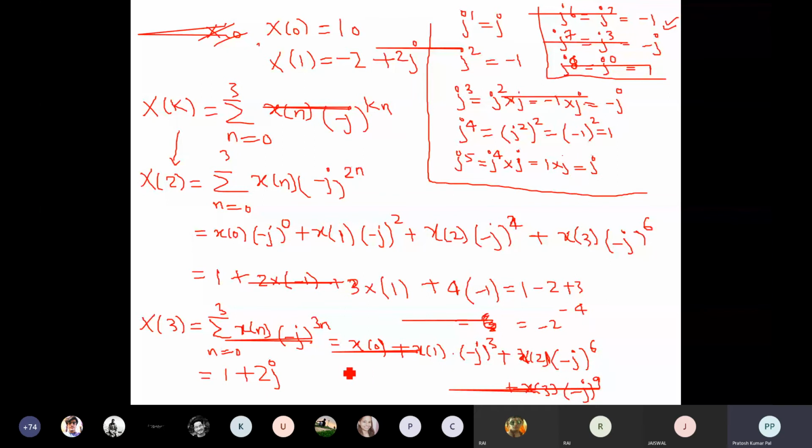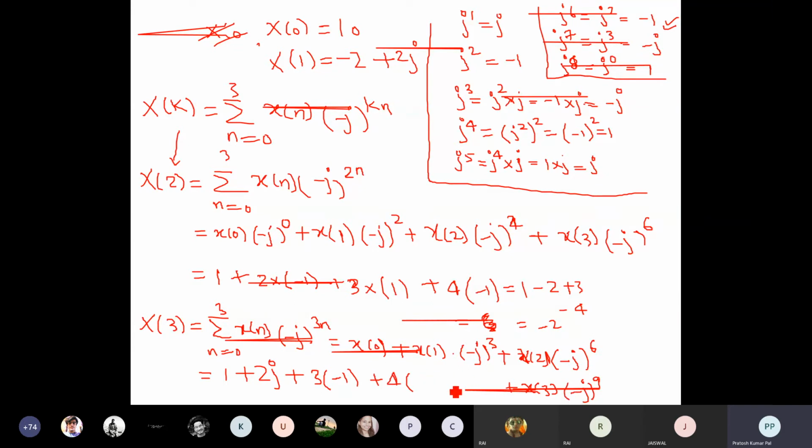Plus x of 2 is equal to 3 into minus j to the power 6. Minus j to the power 6 will be j to the power 6, which will be minus 1, plus x of 3 is equal to 4 multiplied by minus j to the power 9.